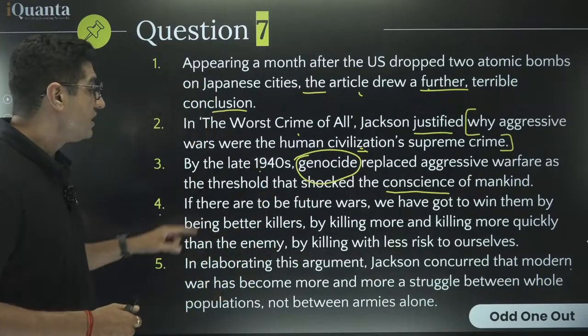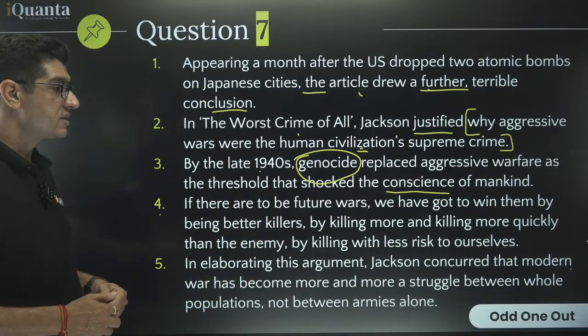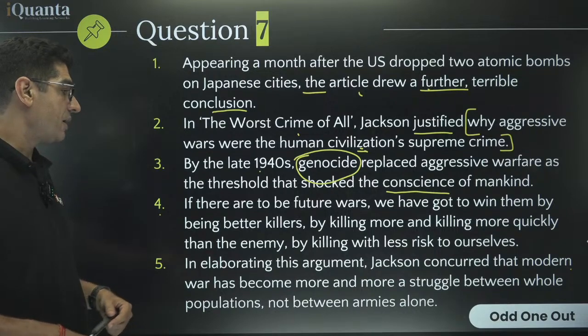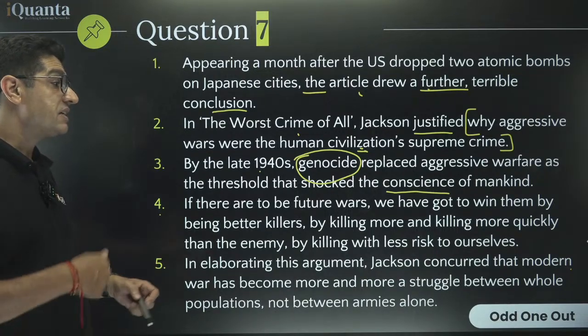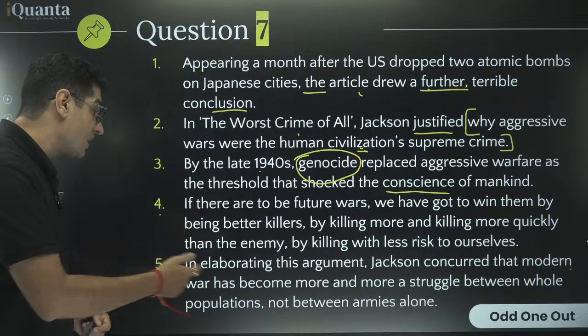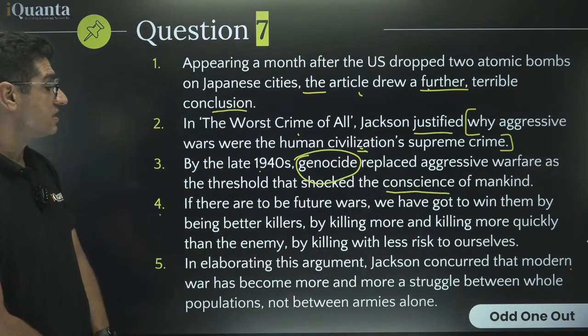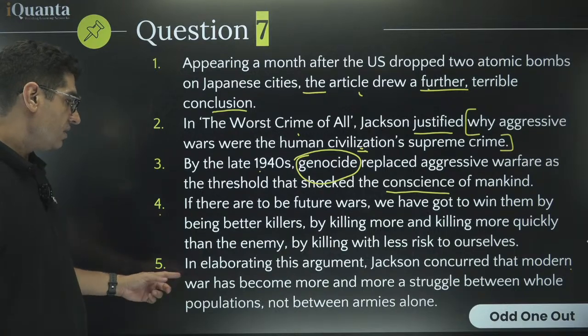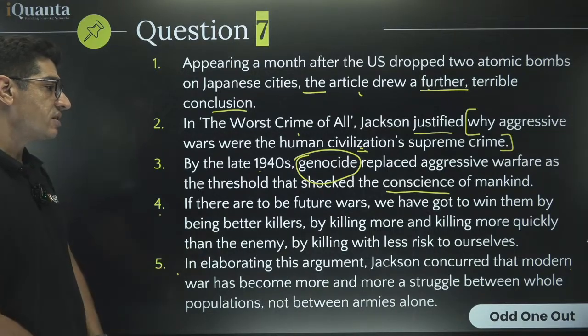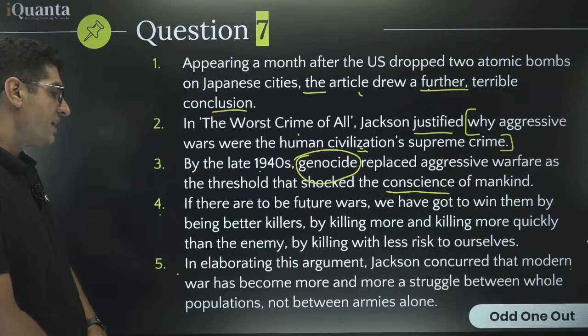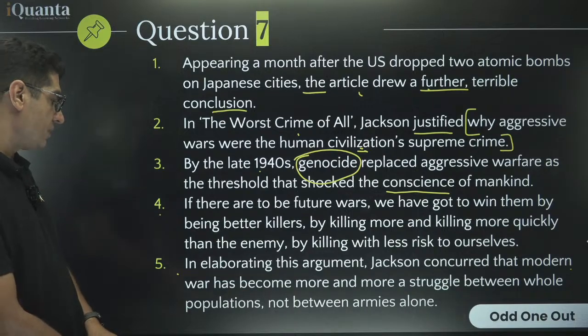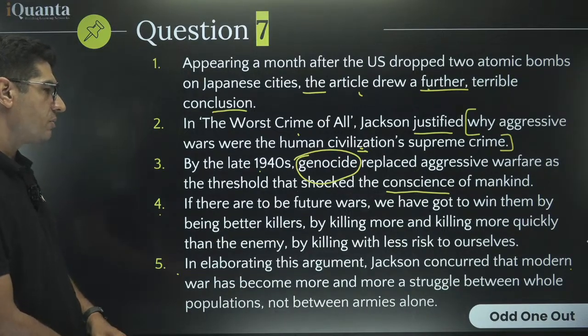Then fourth, if there are to be future wars, we've got to win them by being better killers, by killing more and killing more quickly than the enemy, by killing with less risk to ourselves. In elaborating this argument, Jackson concurred that modern war has become more and more a struggle between whole populations, not between armies alone.